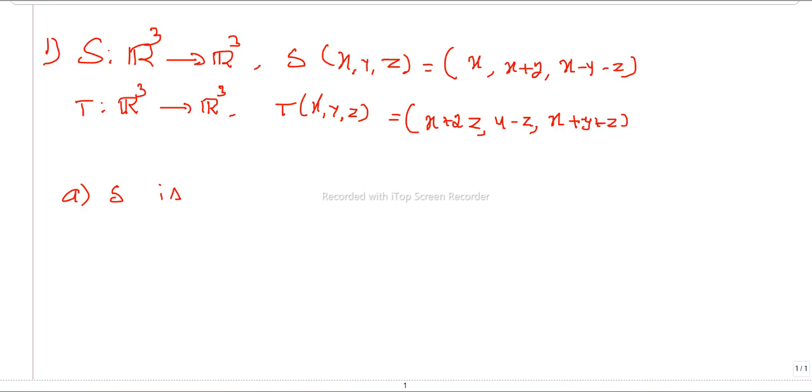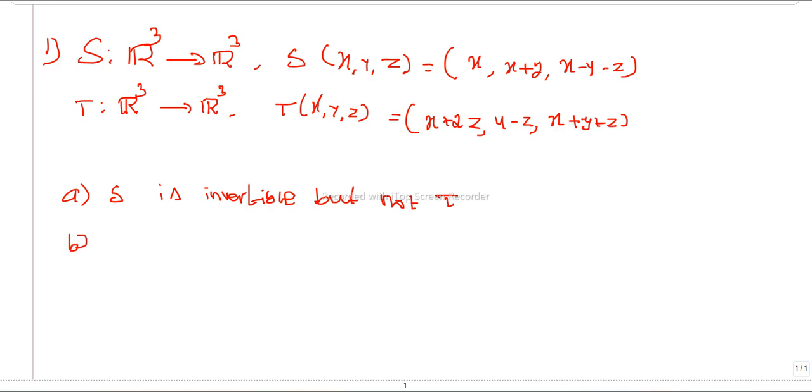S is invertible means what? Both one-one and onto, then we say it is invertible. S is invertible but not T, this is the first option.